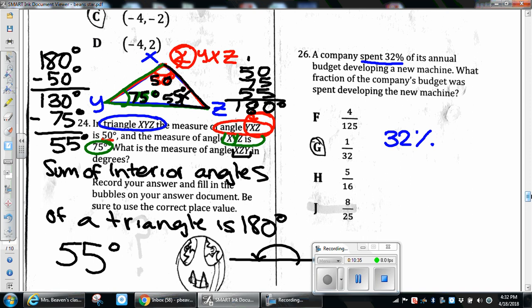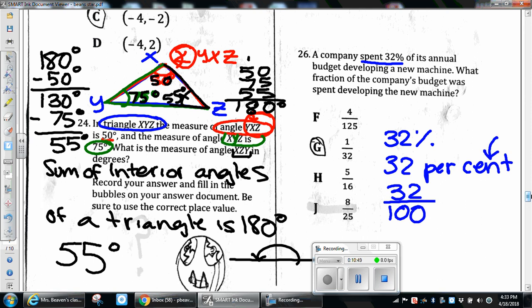The number 32%, the word percent, literally means that it translates into 32 for every 100. If you know a little bit of Spanish, you'll know that 100 in Spanish is ciento. That's how the word cent is derived. And so 32 over 100.